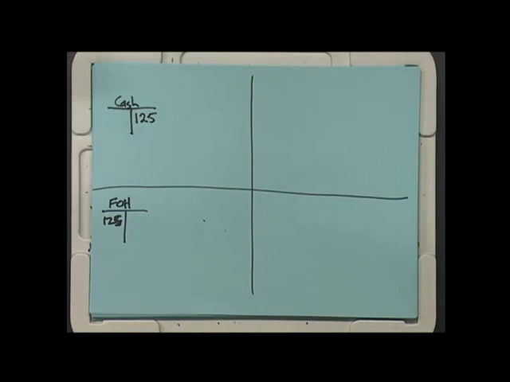What we've done here is we've pretended that incurring fixed overhead does not give rise to assets. Okay, it's a period cost. It's not a product cost.